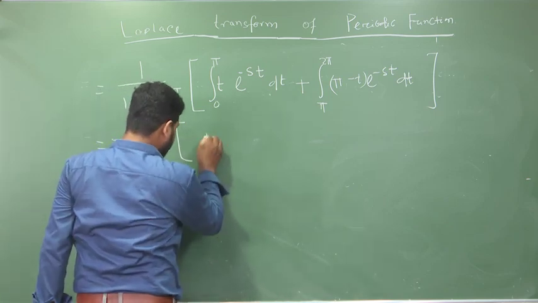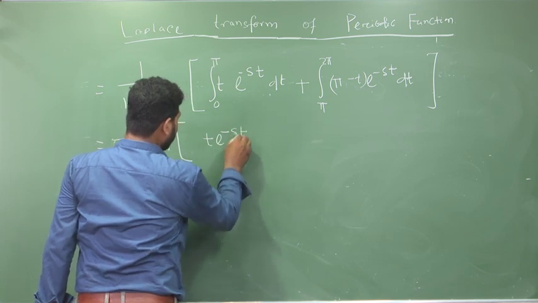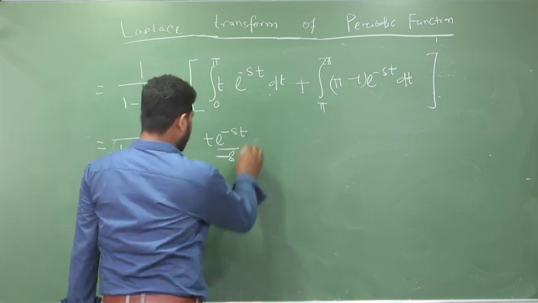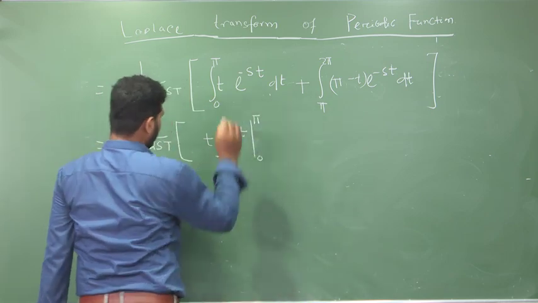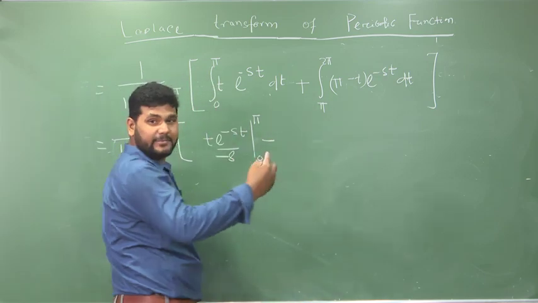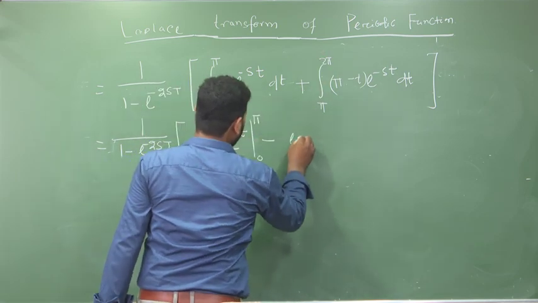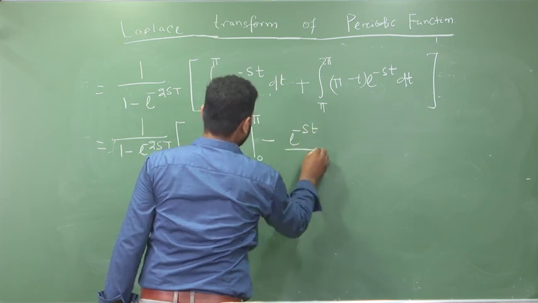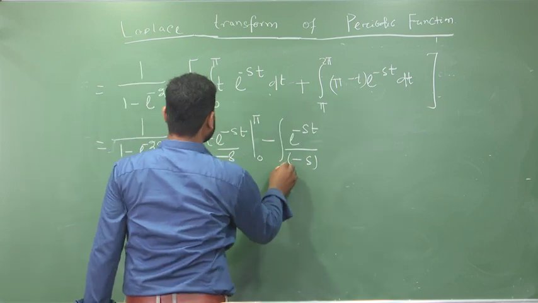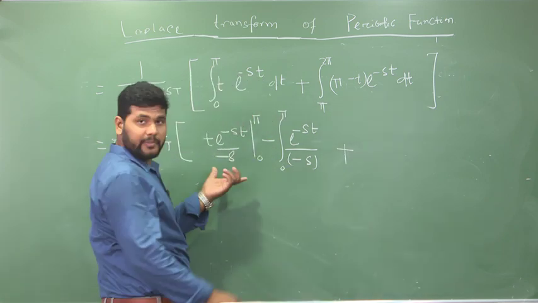So let's keep t e power minus st divided by minus s, evaluated between 0 to pi, minus the derivative of the first function, t, whose derivative is 1, times the integration of e power minus st, which is e power minus st divided by minus s, again integrated from 0 to pi. First term is over.